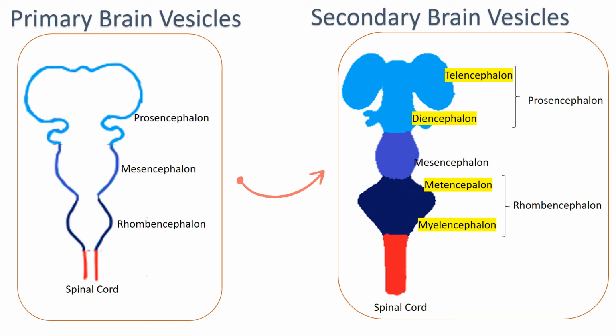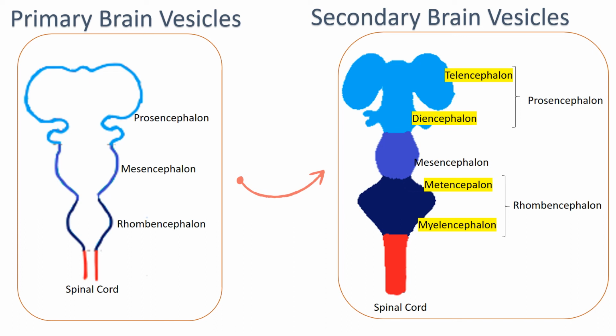And of course, around the same time, the brain is rapidly growing, and as it grows, it ends up bending a little bit ventrally in line with how the head is growing, which ultimately produces the midbrain flexure in the region of the midbrain, and you have a cervical flexure at the junction of the hindbrain and the spinal cord.